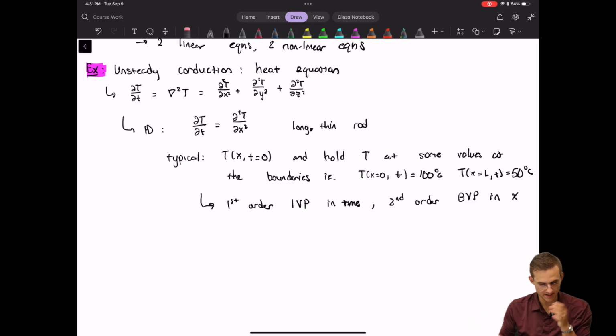This might sound a little confusing right now, but as time goes on, we will make it more clear, and you'll become confident with solving a partial differential equation and understanding what we mean by a first order initial value problem in time and a second order boundary value problem in x. We'll show you some plots and you'll see the way those solutions work.